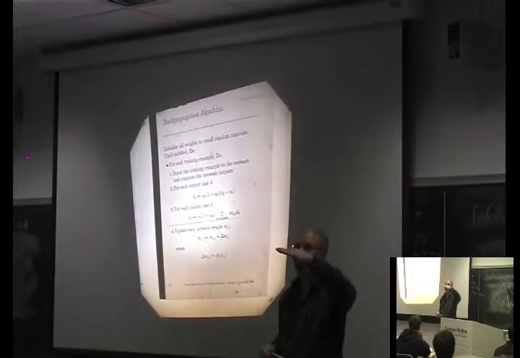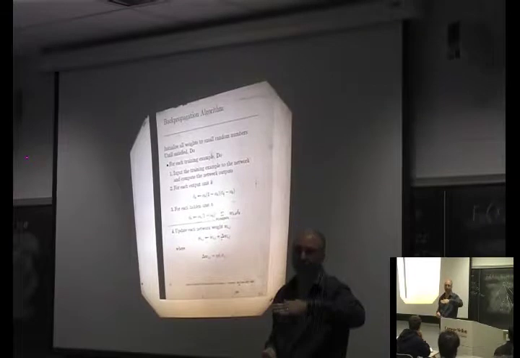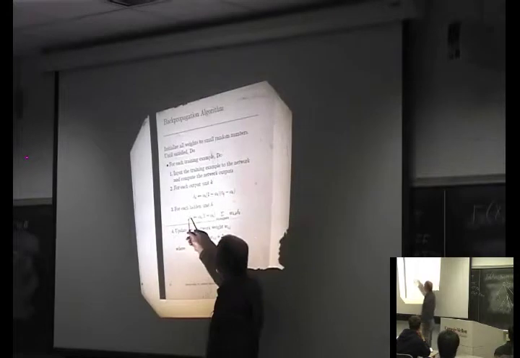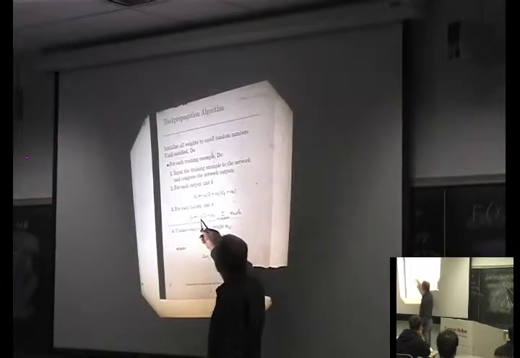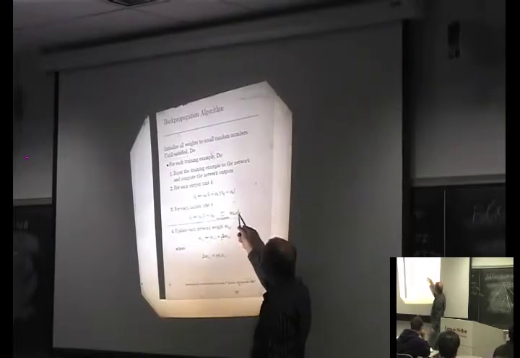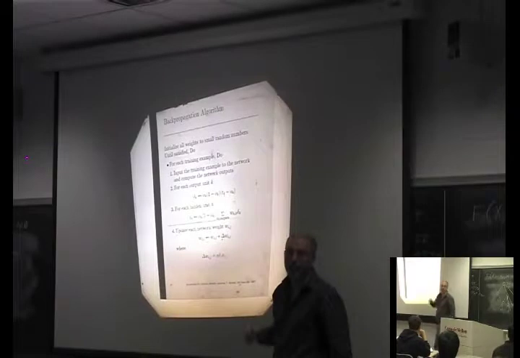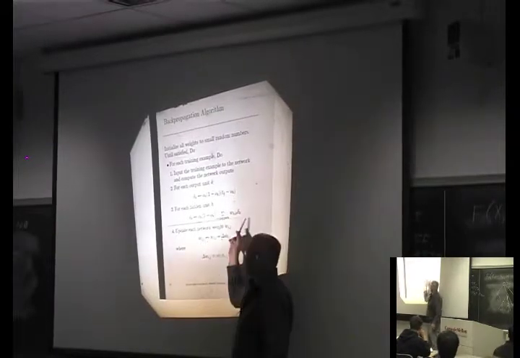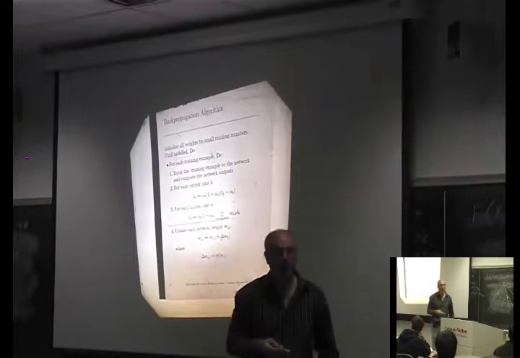And then you work your way back to the previous layer, and you calculate the error signal of each unit in the previous layer recursively based on the error signals of units in higher layers. This is the heart of the recursive calculation of the error signal.